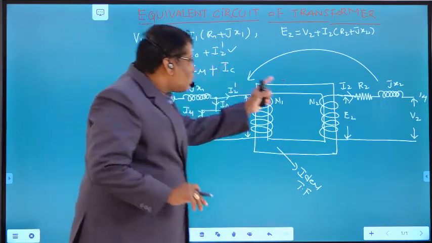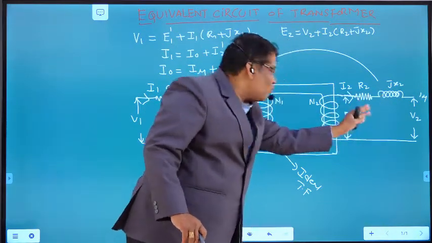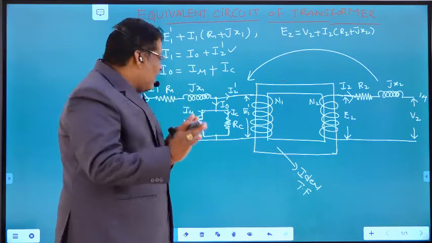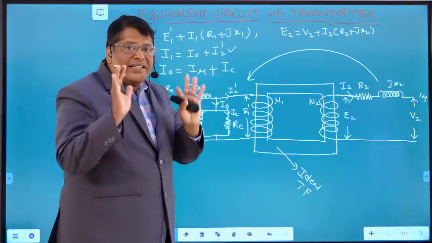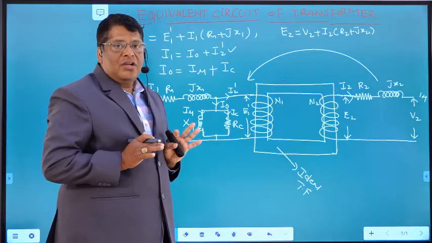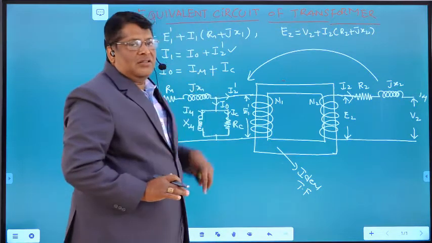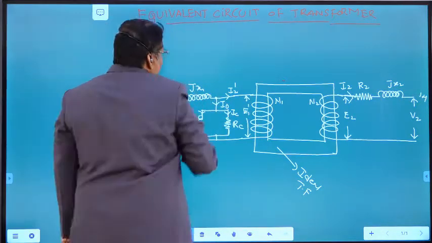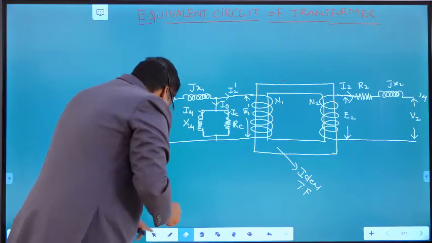We have to transfer these two elements, as well as V2, to the primary without affecting the relation between V1 and V2. What exactly happens in a transformer should not be affected. So without affecting that, I have to transfer these two elements. Now let me see how we are going to transfer. So what is the basis on which we are transferring these elements?